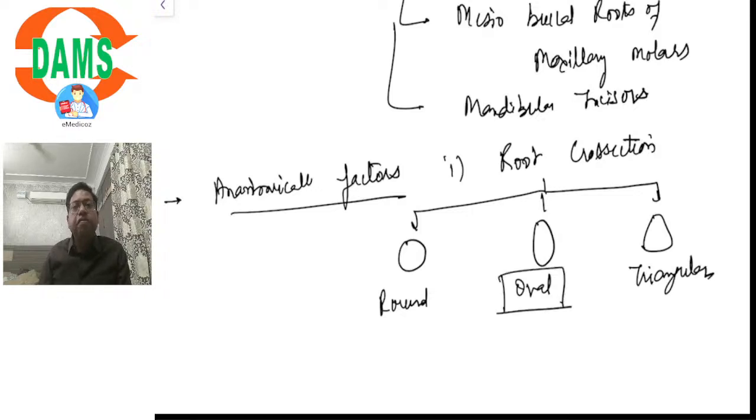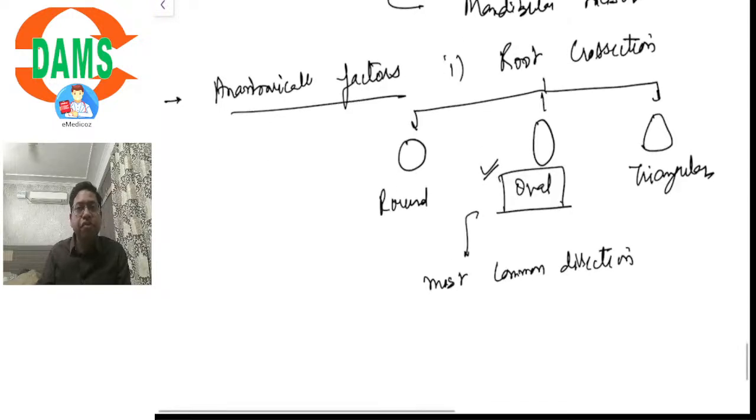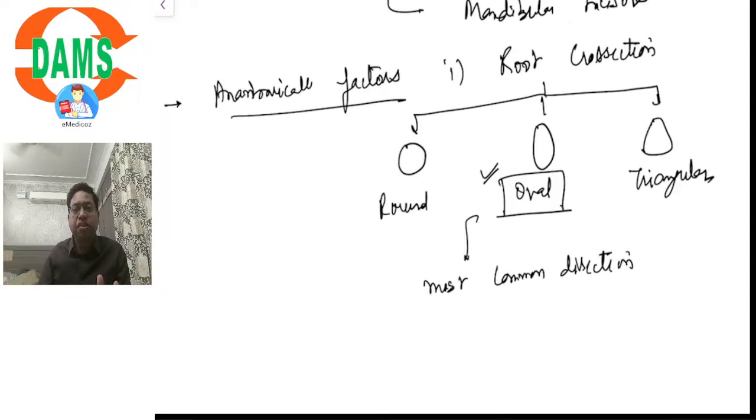The incidence of vertical root fracture is maximum with teeth with oval cross section of the root. And the most common direction: a VRF can originate from anywhere in the root and can spread in any direction, but the most common direction for VRF to occur is buccolingual.